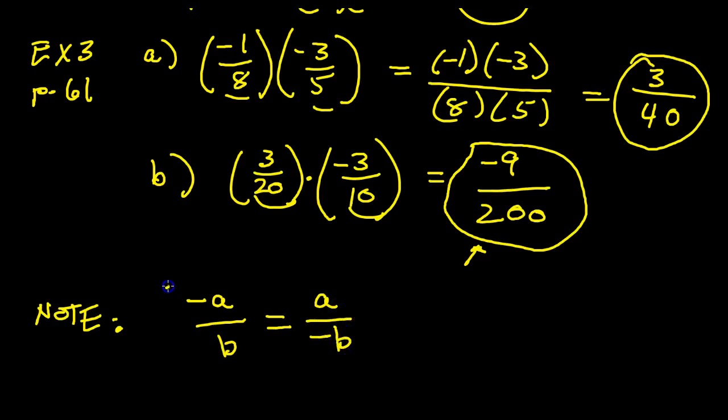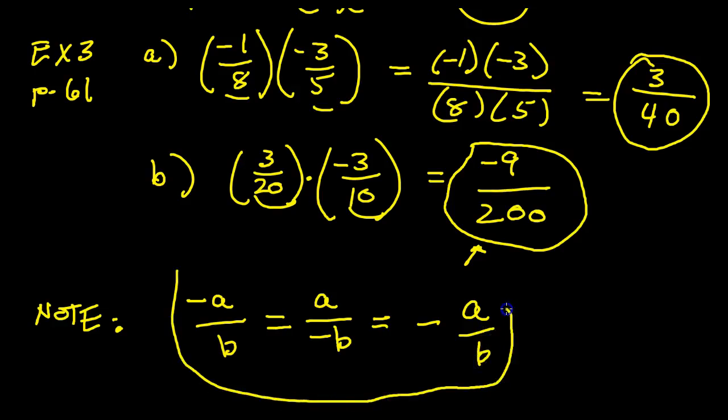If I multiply top and bottom by negative 1, then the equivalent expression would be a over negative b, and I can even take that negative sign and put it outside the quotient. So all of these expressions would be acceptable on test day, depending on your favorite form. I think most textbooks, most teachers, and I suspect most students would like to absorb that negative sign in the numerator, but it's up to you.